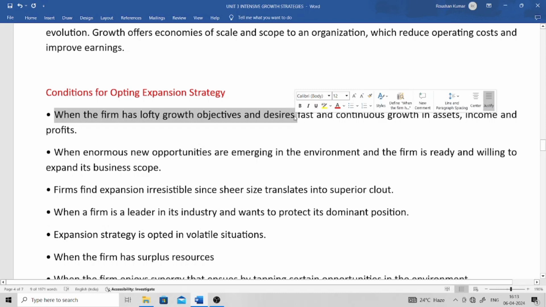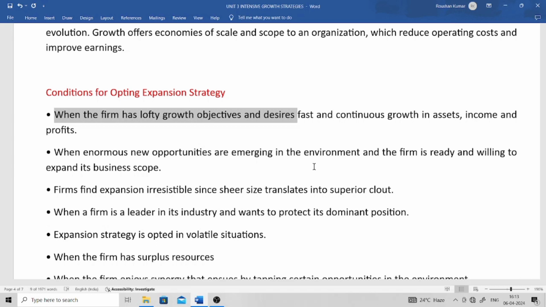If the firm wants to grow and has the desire to grow faster and faster, in that case we should use expansion strategy. The second is that enormous new opportunities are emerging in the environment. If enormous new opportunities are emerging in the environment, then in that case also we can use expansion strategy.